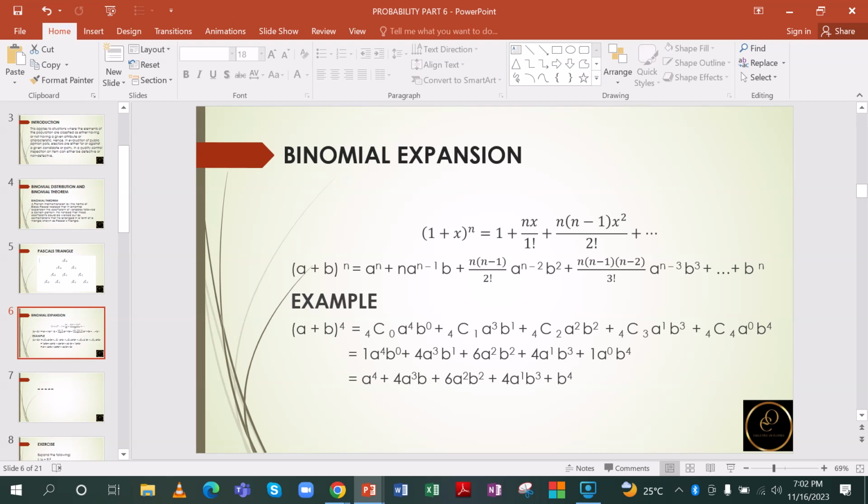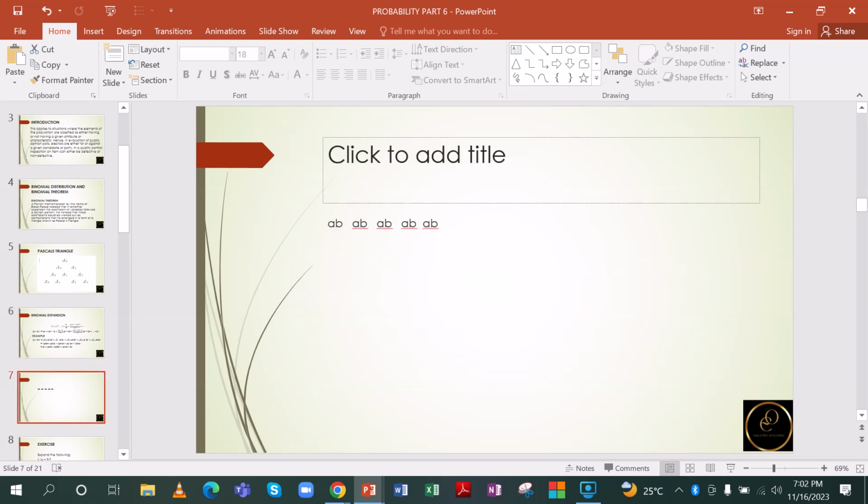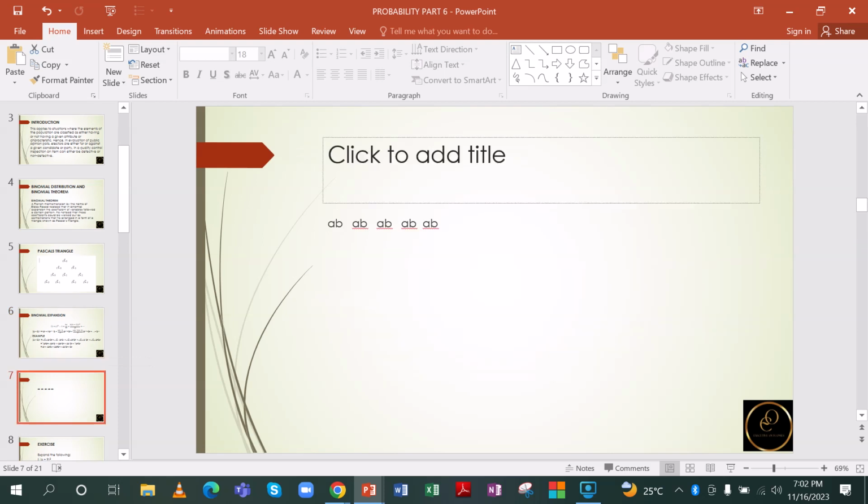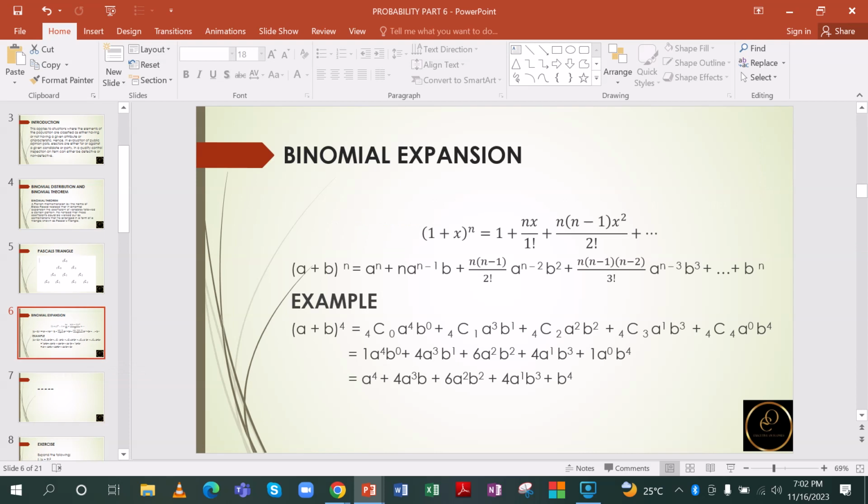Okay? So now what happens is that when you come here, the first letter A in this particular case, you start with the highest power which you have. In this case, you have a 4 here.